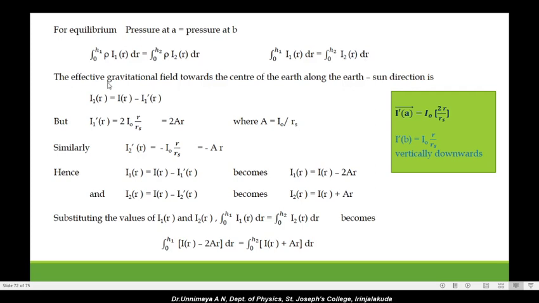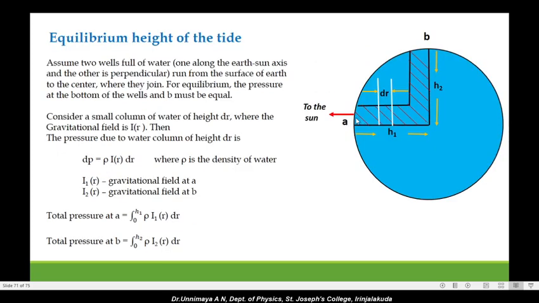Okay. The effective gravitational field towards the center of Earth along the Earth-Sun direction. Now we consider the effective gravitational field towards the center of Earth along the Earth-Sun direction. This is the Earth-Sun direction.